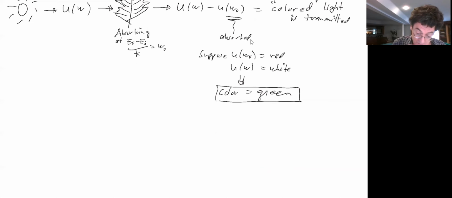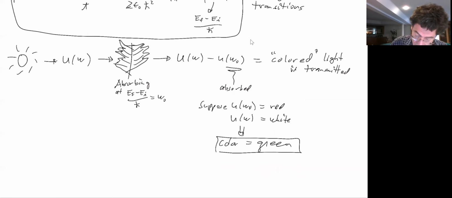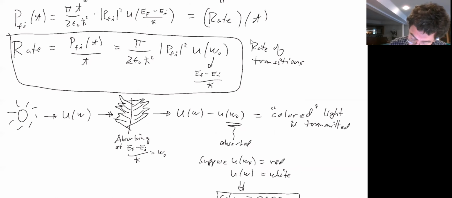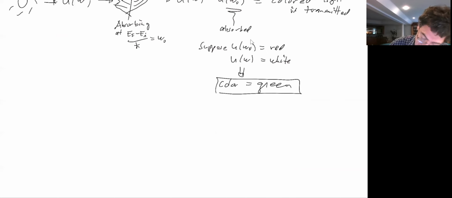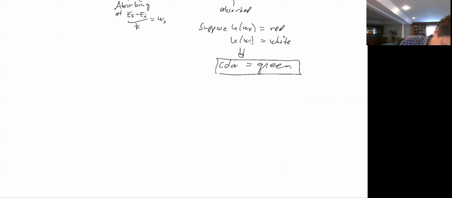And so the important thing to notice is that the rate of transitions, the rate of optical absorption from a broadband source, was proportional to the spectral density.